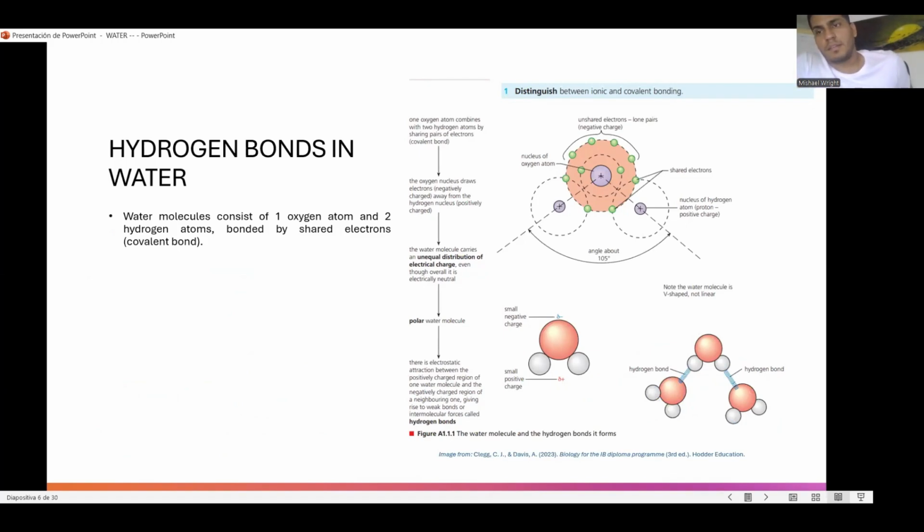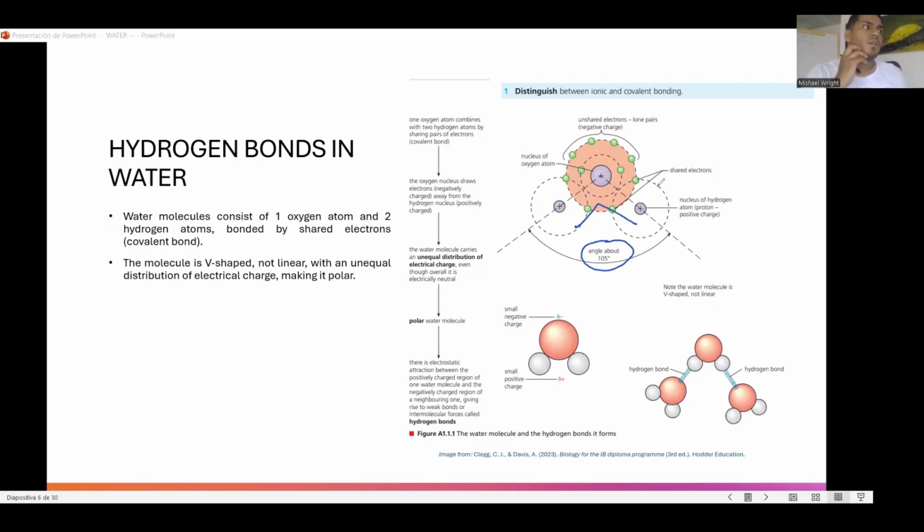So as a reminder, water molecules consist of one oxygen atom and two hydrogen atoms bonded by shared electrons, and they are called covalent bonds. The molecule is V-shaped, and the water molecule presents an angle of 105 degrees, right? So if you reduce or increase that angle, the water properties will not be the same, right?